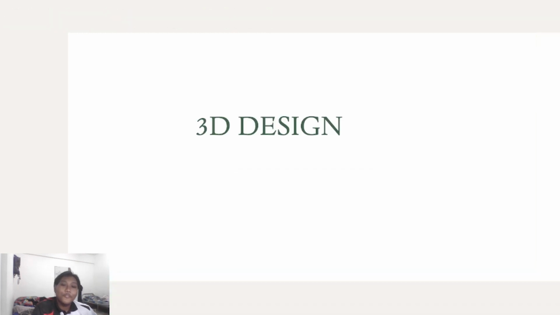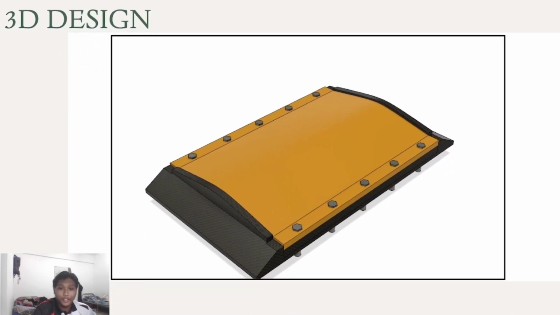3D design. After we decided to use concept A as our concept development, we made the 3D design. In the 3D design, you can see we have a bowl, base, and the yellow one is the outer shell, but we can see the inside. So let's see the simulation or animation of this 3D design.